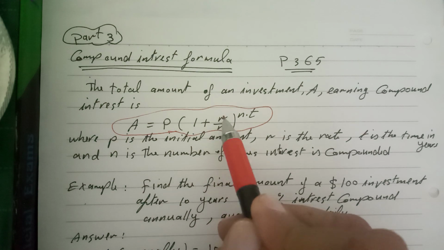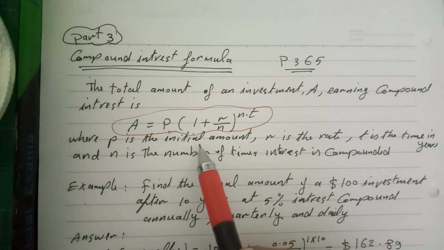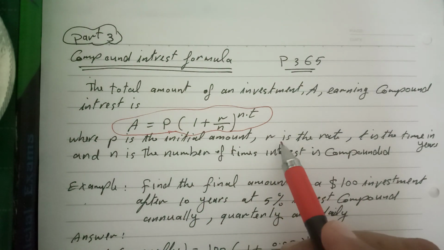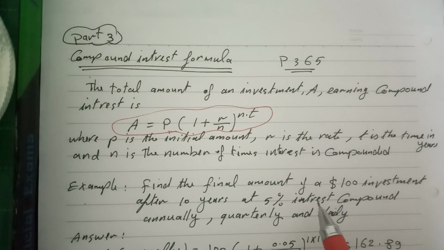P(1 + r/n)^(nt), where P is an initial amount, R is the rate, and T is the time, and N is the number of times interest is compounded.